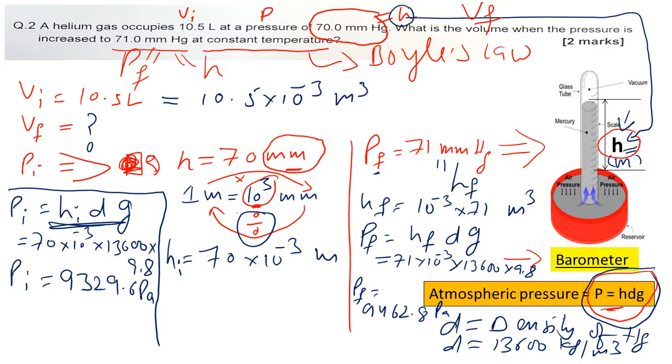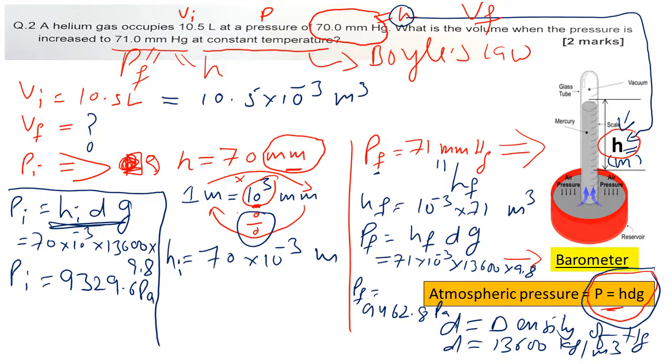Now to find the value of this Pi, the pressure, you have to use this formula. This is Pi, and this is height, I will say this is initial height because we are calculating I, so I will say here i, and this is d, and this is g.